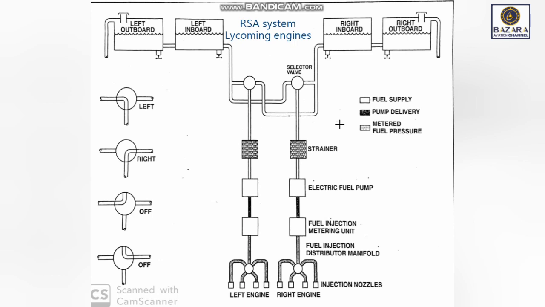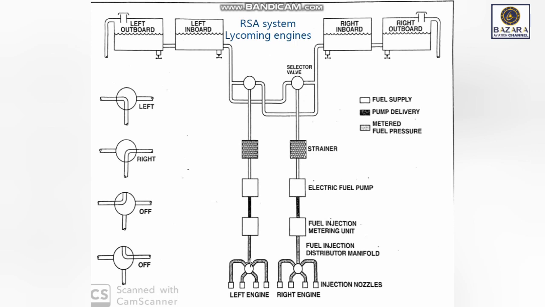The second type of fuel injection system is called the RSA system, and this system is used for single-engine or multi-engine aircraft and used with Lycoming engines.